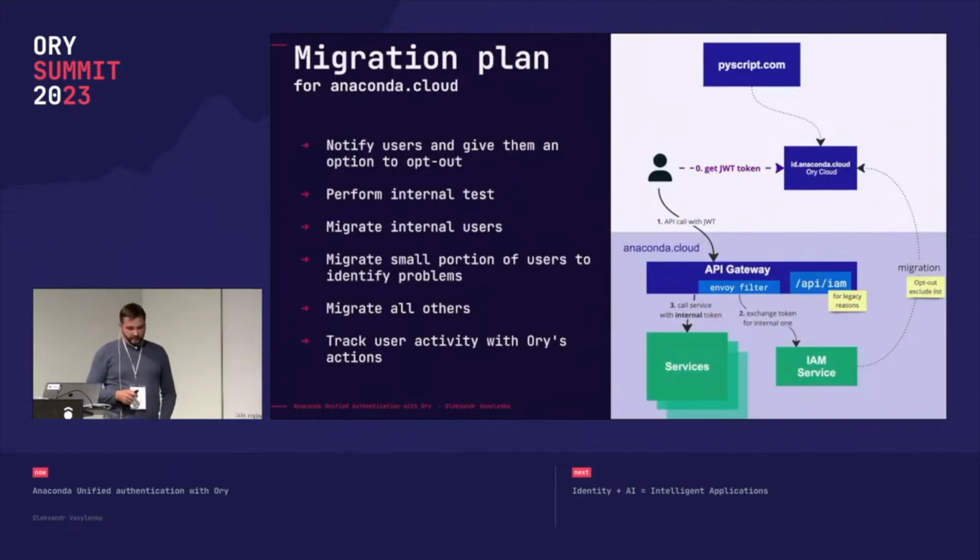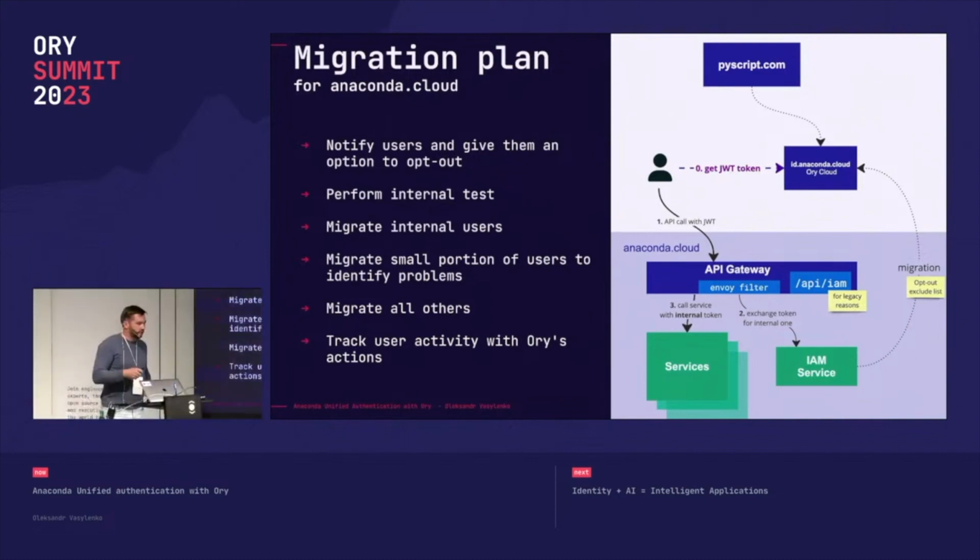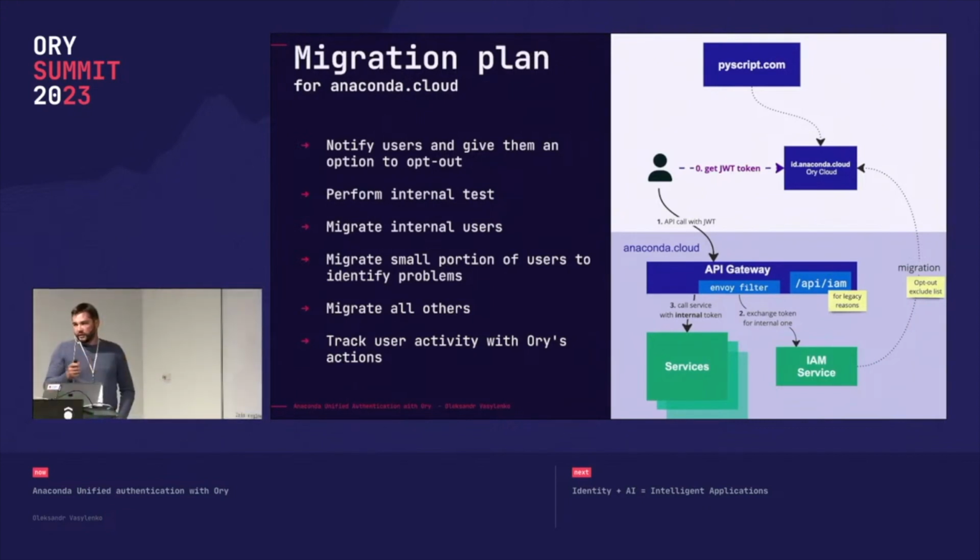To do this, we had some legal requirements to notify users about the change of where their data is moving from Anaconda to Ory, and we did it by sending an email and giving 1 month's time so that users who explicitly don't want their data migrated to Ory could opt out. And all other users who did not take any action, we migrated their accounts.